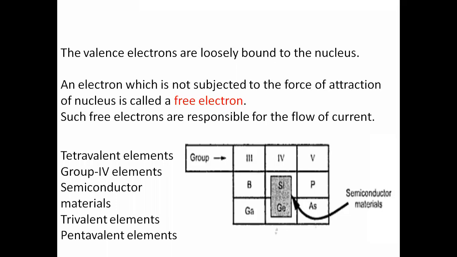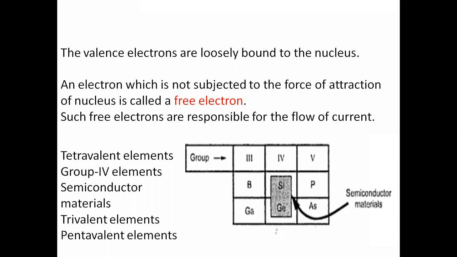If you consider the trivalent elements like boron and gallium, in their outer shell there are 3 electrons. Similarly, coming to pentavalent elements like phosphorus, arsenic, and antimony, the outermost orbit has 5 electrons.